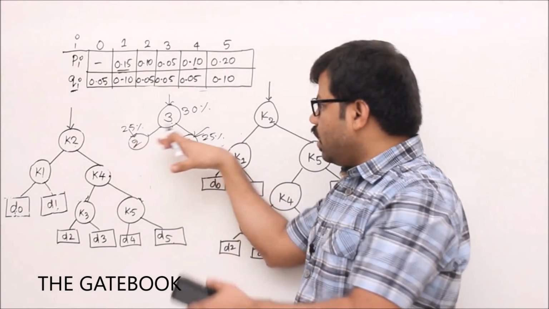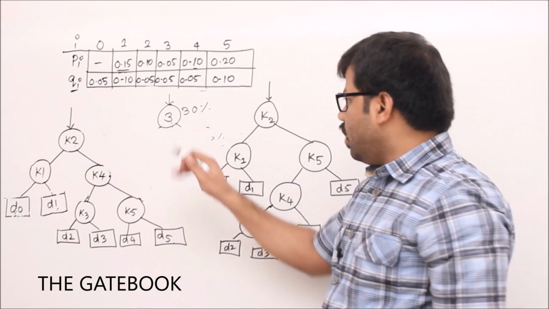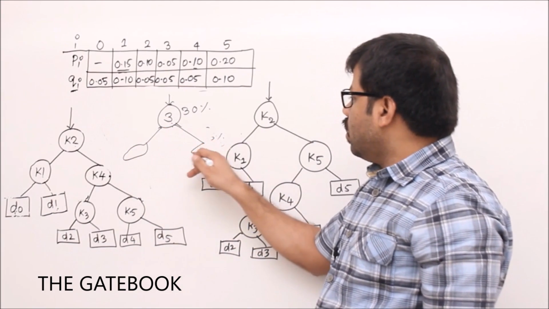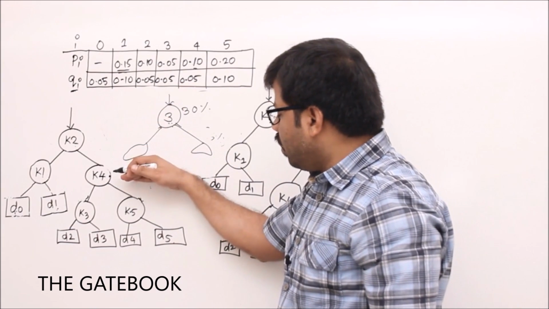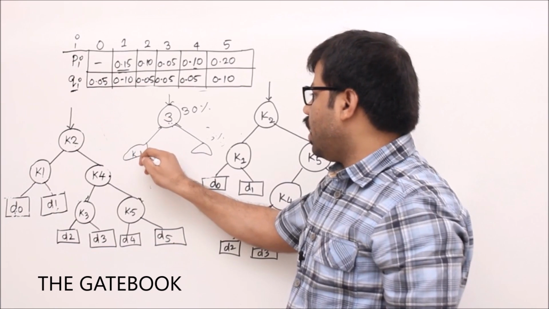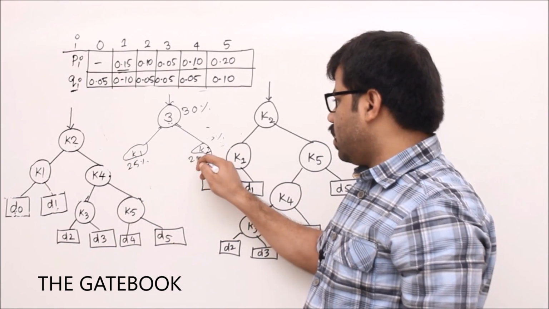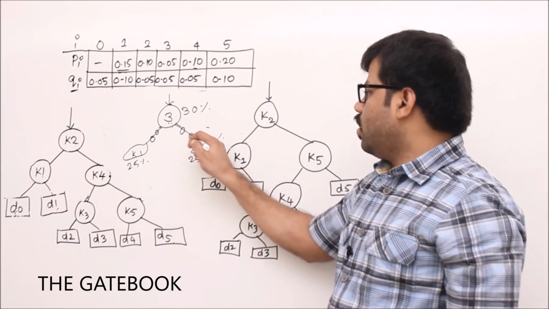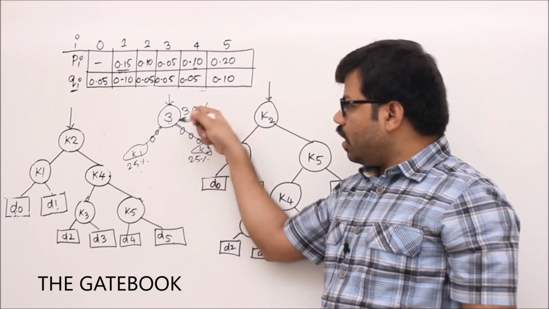Imagine a situation where you have 3 with the highest probability, but because of keeping 3 here, some keys go to the deepest level, like key number 1 and key number 2, with frequencies of, let's say, 25% and 25%. See this situation. There are some other nodes possible. Then what can happen is 50% of the time you are going to deeper levels.